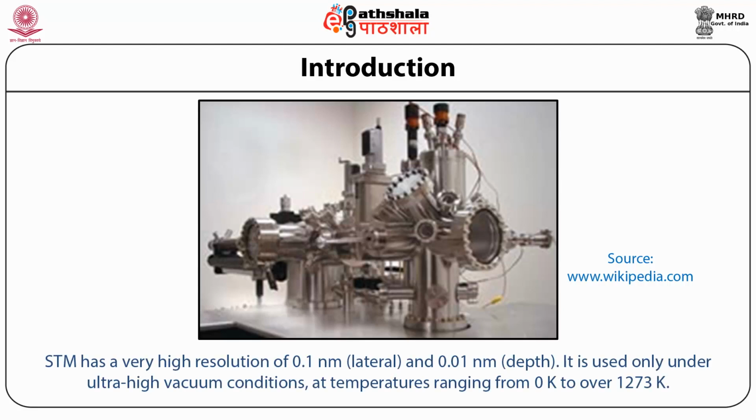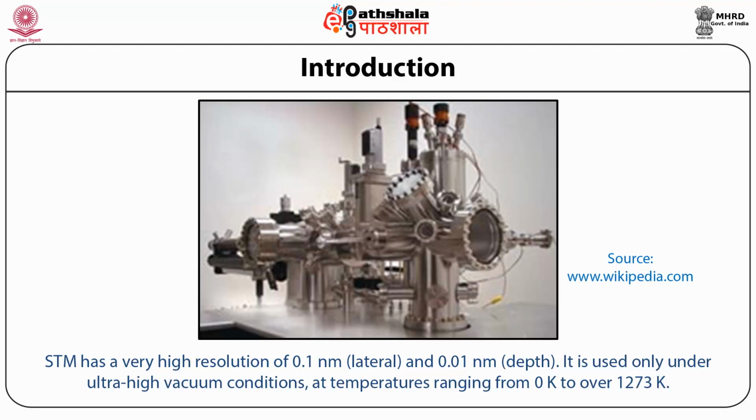STM has a very high resolution of 0.1 nanometer lateral and 0.01 nanometer depth. It is used under ultra high vacuum conditions at temperatures ranging from 0 Kelvin to over 1273 Kelvin.